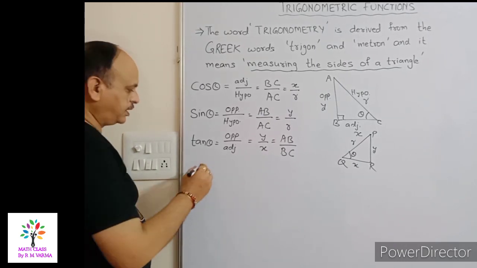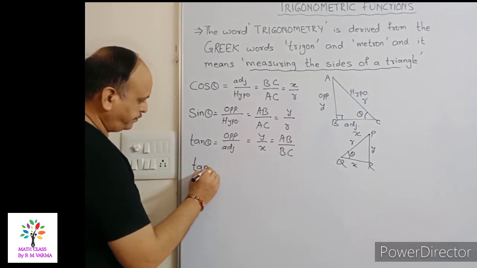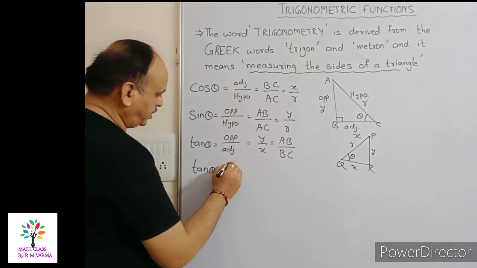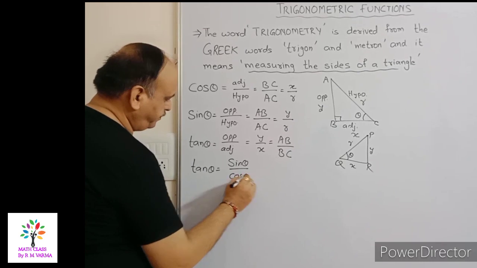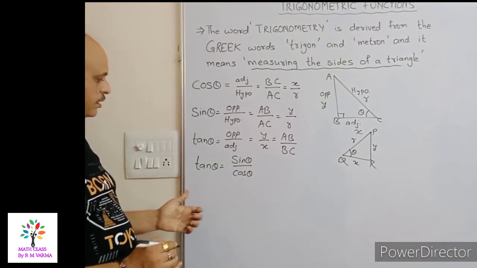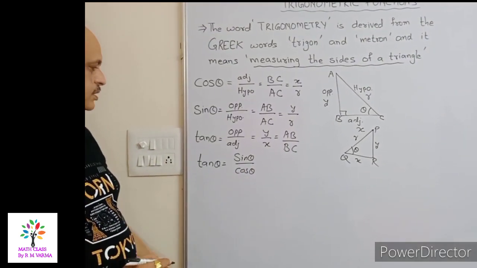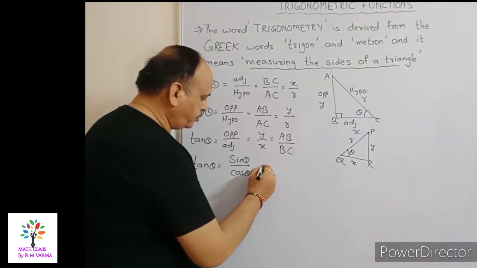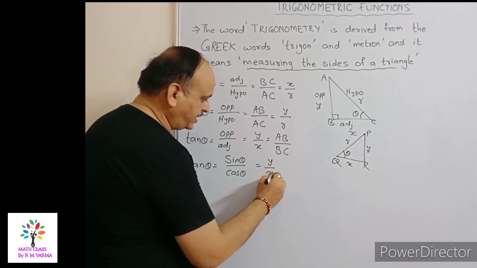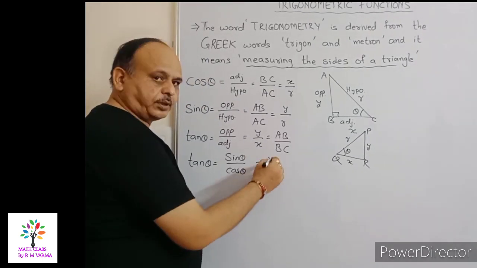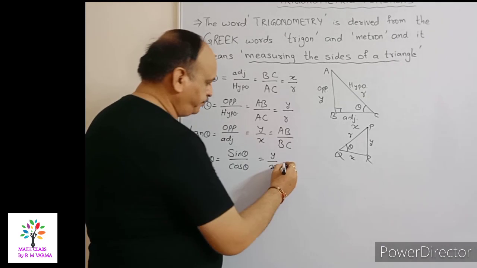Tan theta can also be written as sine theta upon cos theta. Now you may think, how do we get this sine theta upon cos theta? Let me help you understand. Say I have tan theta as y upon x, I divide numerator and denominator by r.